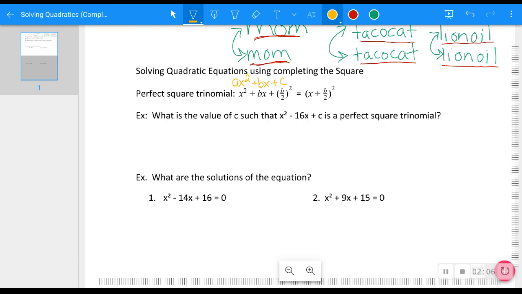So we want to take something that we can't factor and manipulate it so that we can factor it into a perfect square. So just one set of parentheses squared. That's our end goal. So in order to do that, we need to find a c value, just like the first example says. What's the value of c so that this trinomial can become a perfect square?